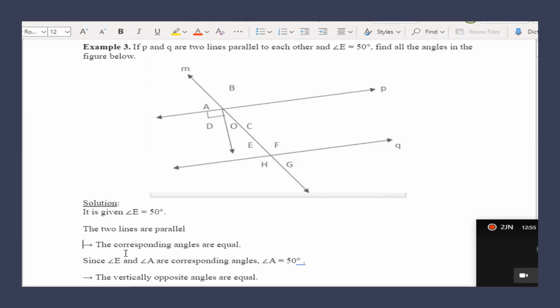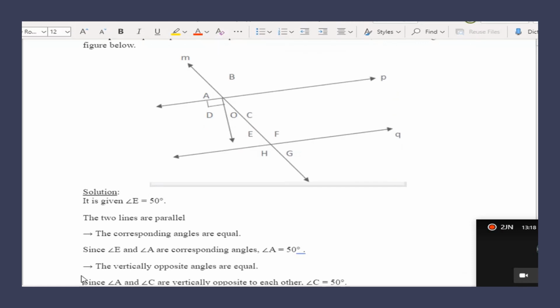So it says the corresponding angles are equal since angle E and angle A are corresponding angles. So angle A is 50. Notice E is the top left of line Q and A is the top left of line P. So they must be corresponding.